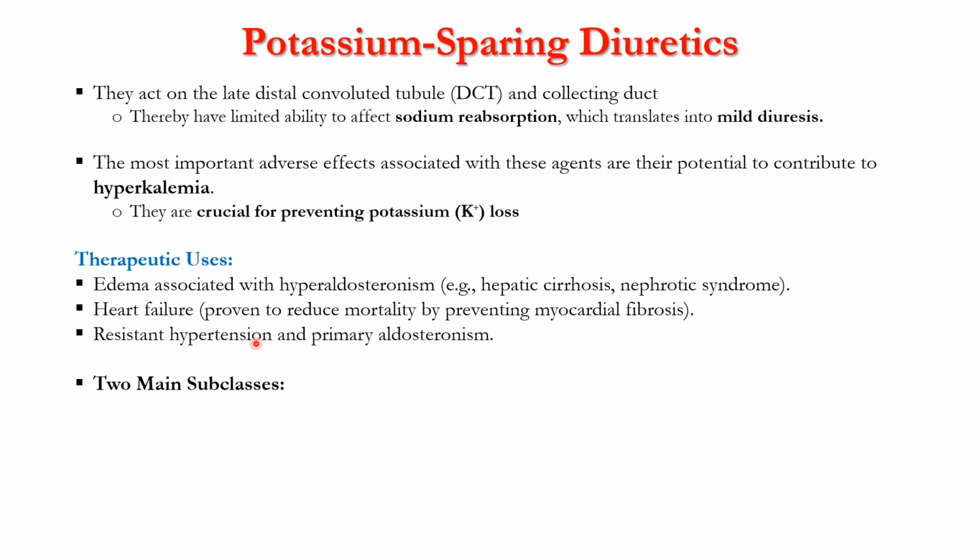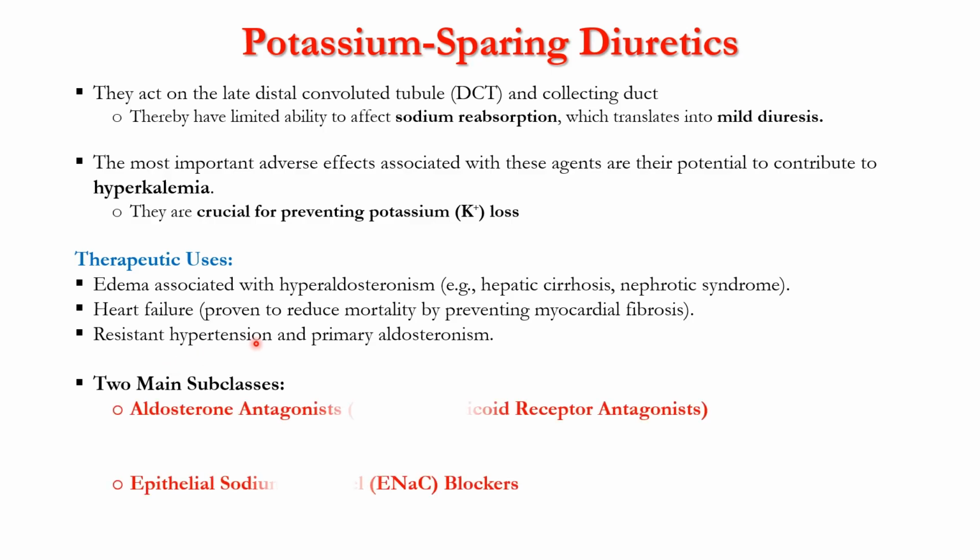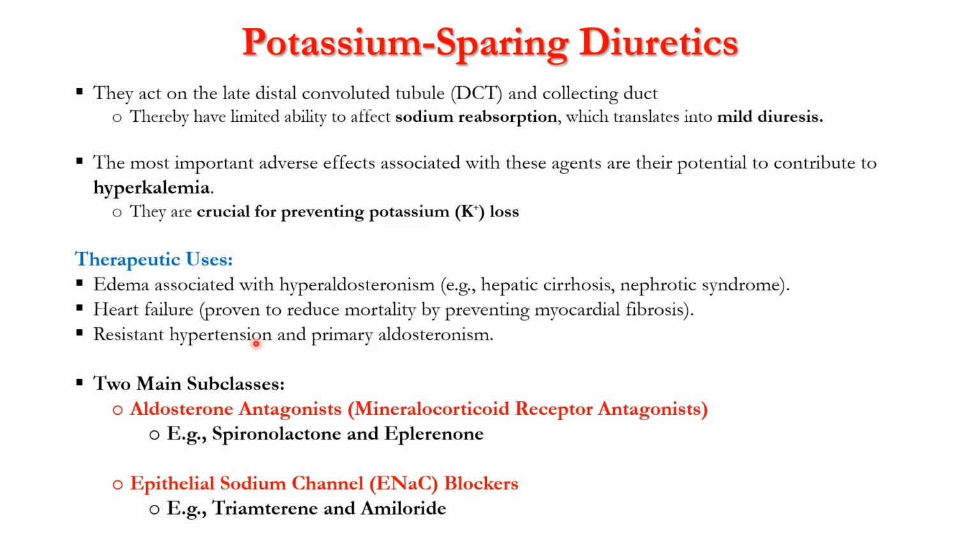So there are two main subclasses when we are going to talk about potassium-sparing diuretics based on their action. These are known as aldosterone antagonists, or sometimes they can also be named as mineralocorticoid receptor antagonists. An example is spironolactone, one of the important examples, and also they can act as epithelial sodium channel blockers.